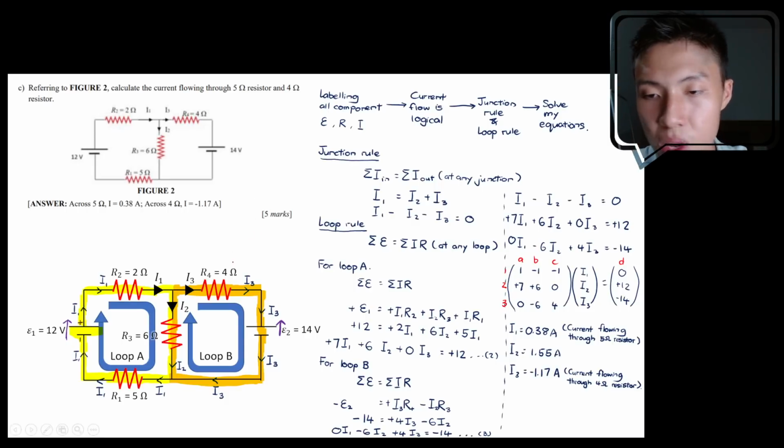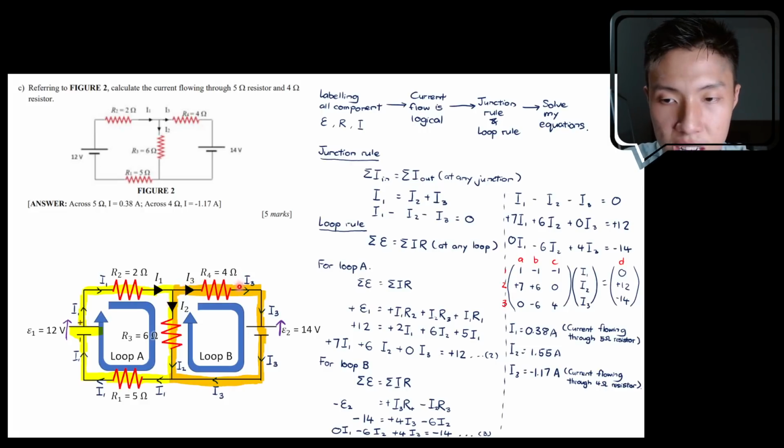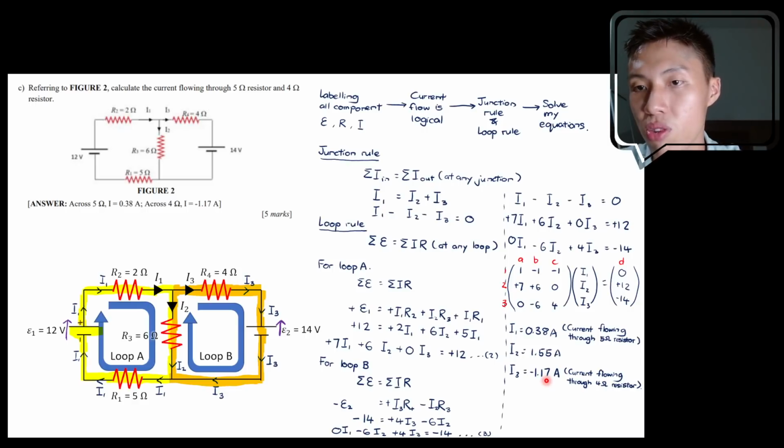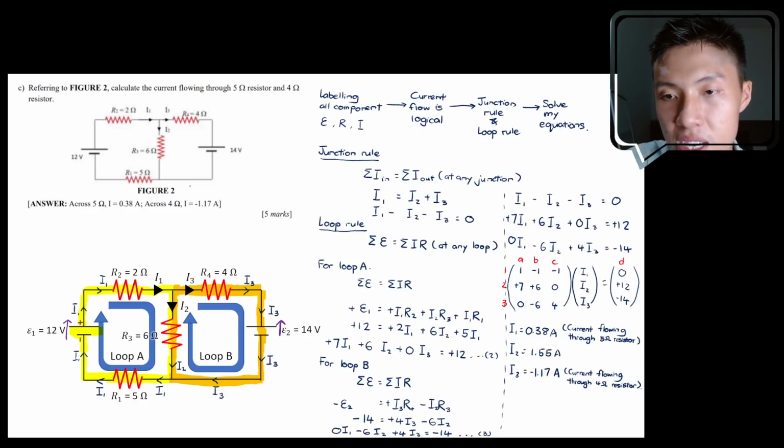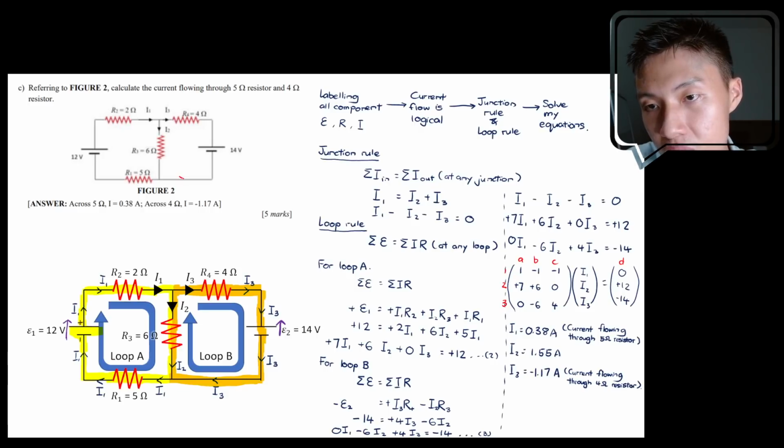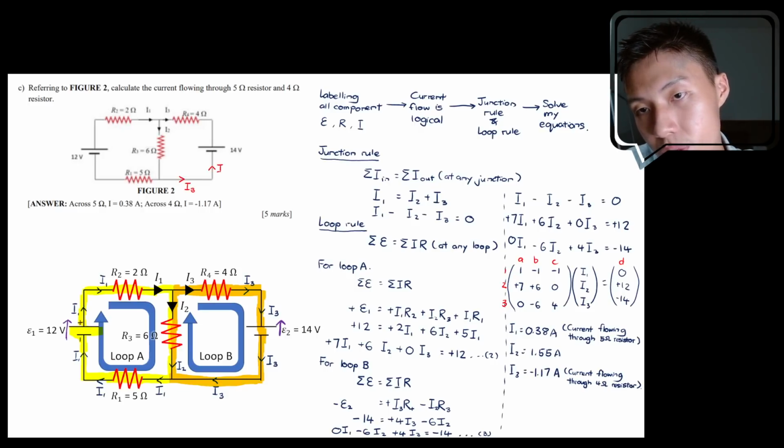Initially it's going in this clockwise direction, but the negative answer tells us that this assumption is wrong. What actually happens is the current is flowing in this direction instead, so you have to change the arrow to point this way.